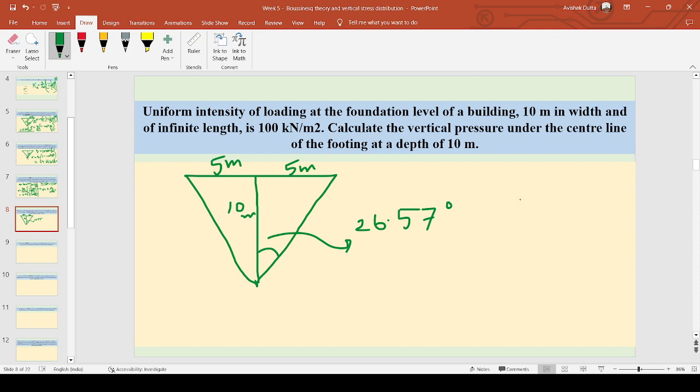Now the formula for this problem is sigma equals to q by pi, theta plus sine theta.